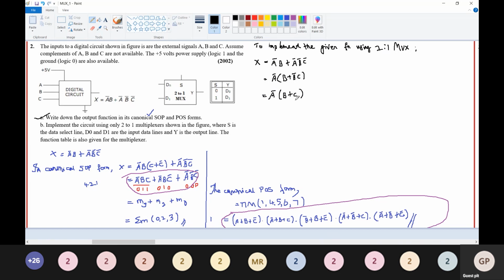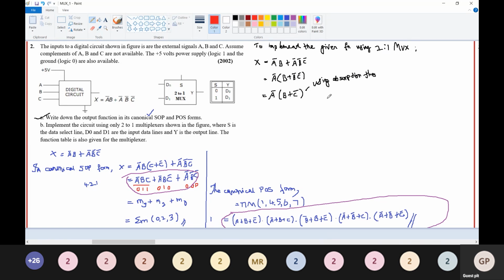Which can be further simplified into A dash into B plus C bar. So this is simplified using the absorption theorem. What does the absorption theorem tell you?